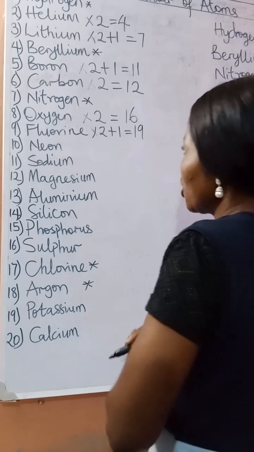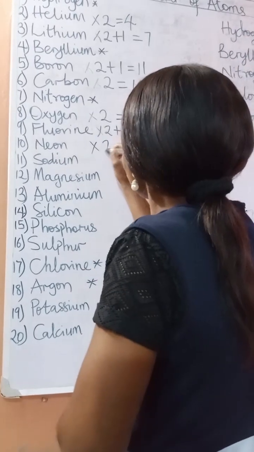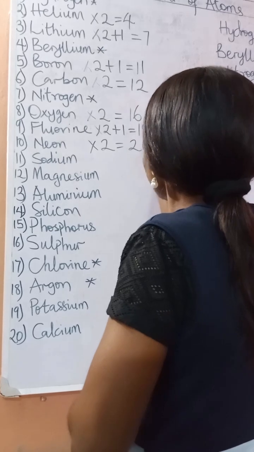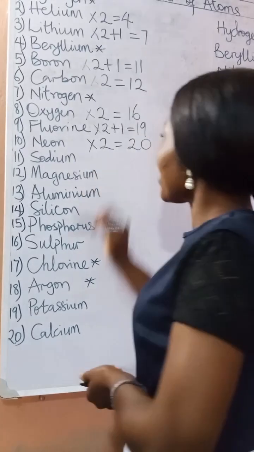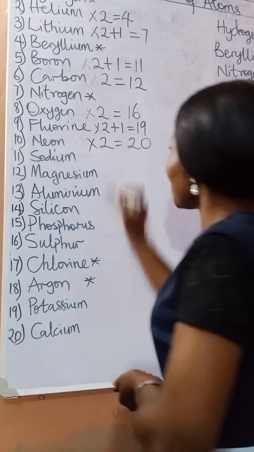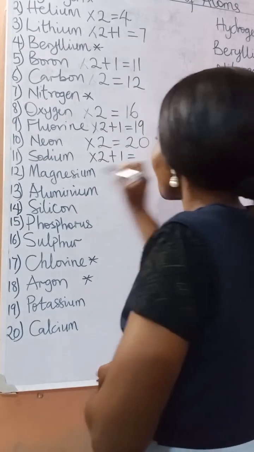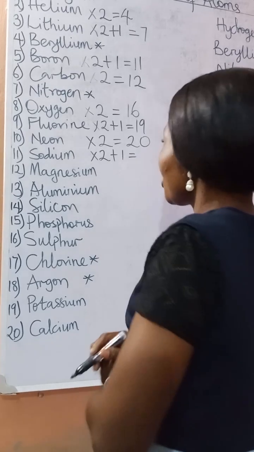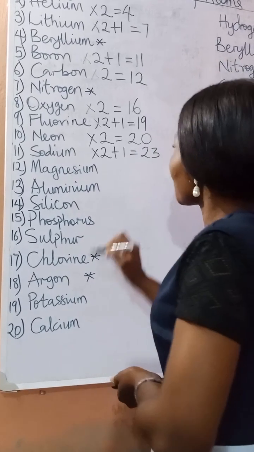The next one is neon, atomic number 10. 10 times 2 is equal to 20. Next is sodium, atomic number 11, an odd number, so times 2 plus 1. 11 times 2 is 22, plus 1, 23.